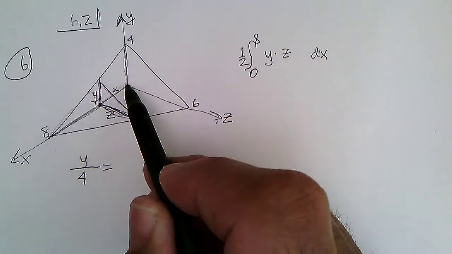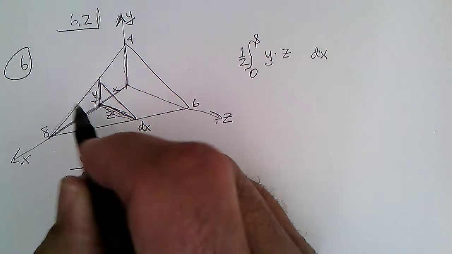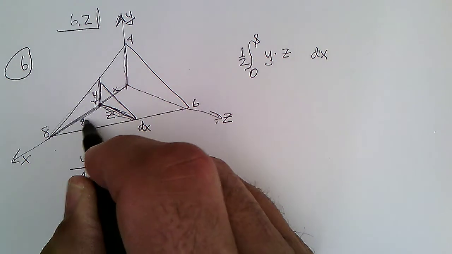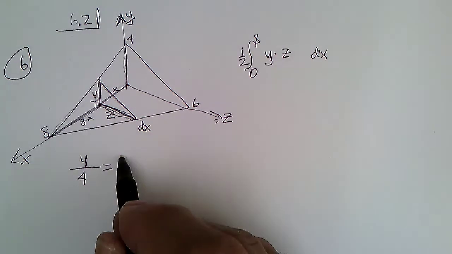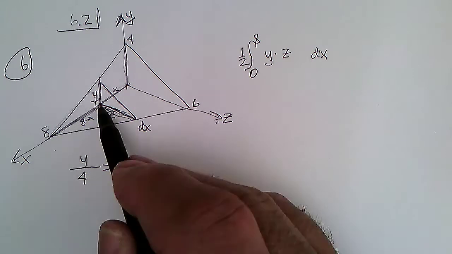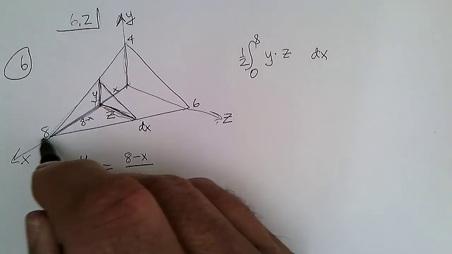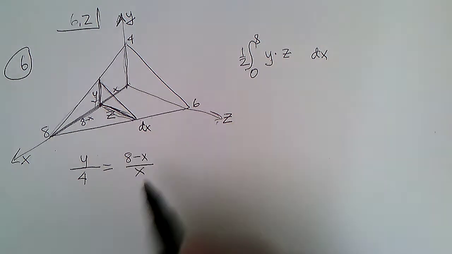Whole thing is 8, this piece is x, so this piece is 8 minus x. So y is to 4 as 8 minus x is to the whole length x.